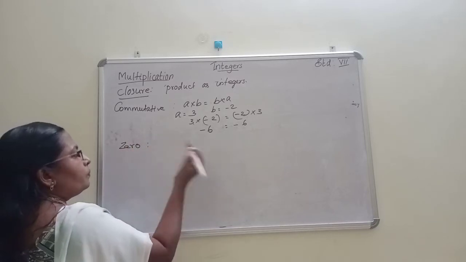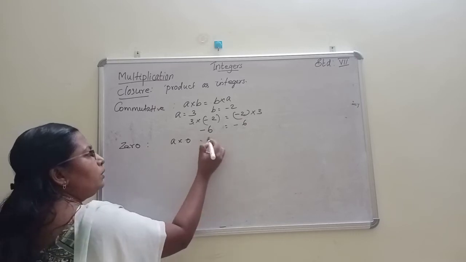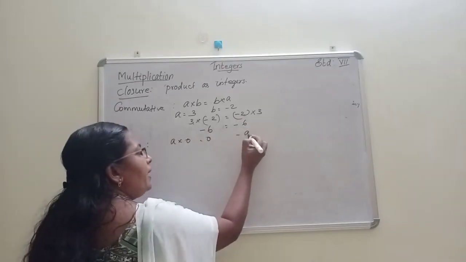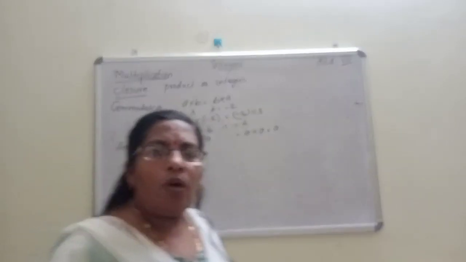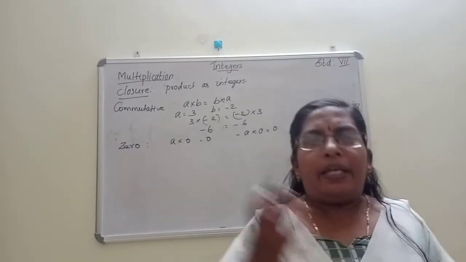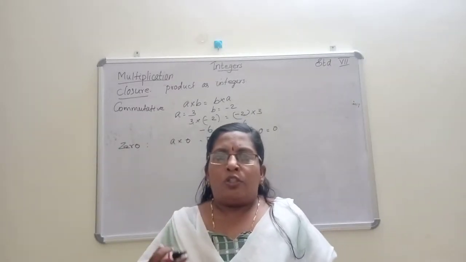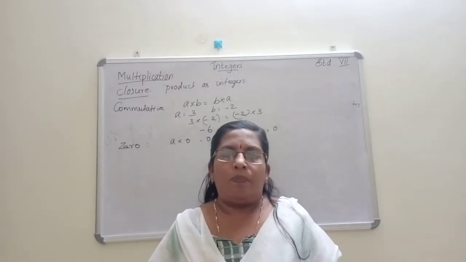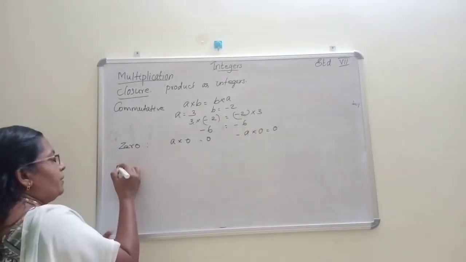That is, a into 0 equal to 0, or minus a into 0 equal to 0 also. Whether it is positive or negative, when we multiply any number with 0 it gives 0.